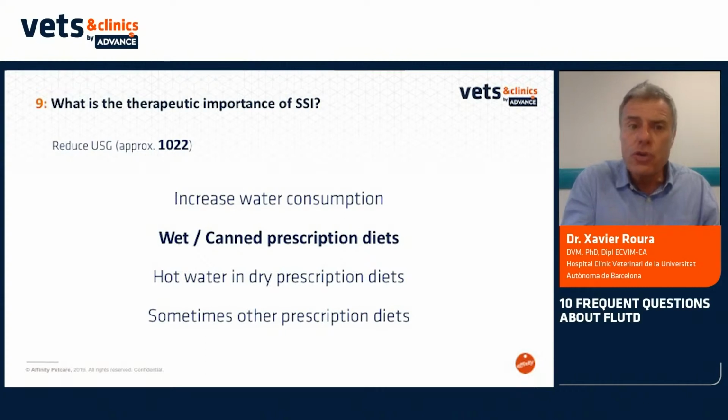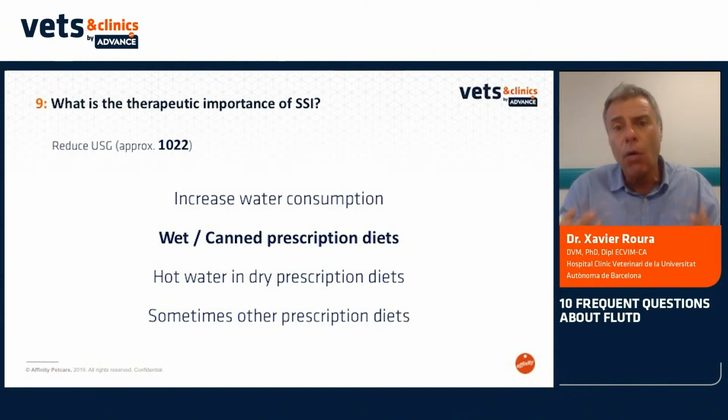Or we can use prescription diets that reduce the urinary specific gravity, even if it is a dry prescription diet, which we can wet with hot water, or we can directly use a canned prescription diet.